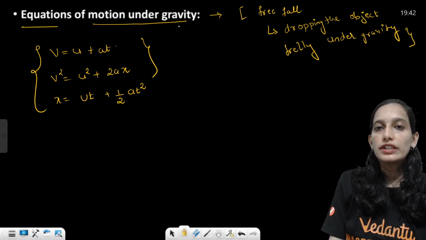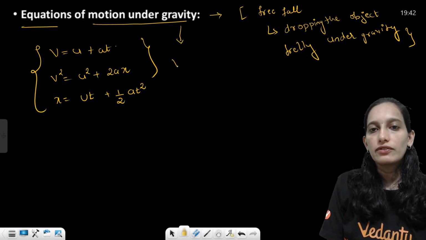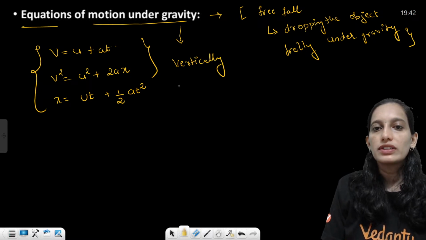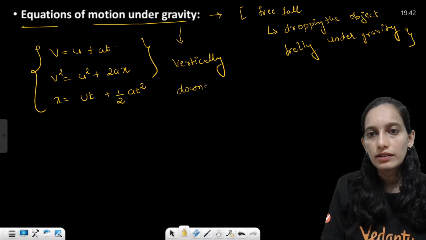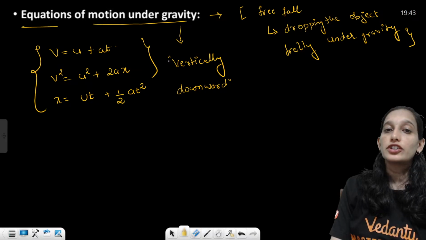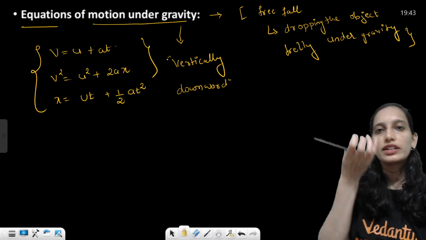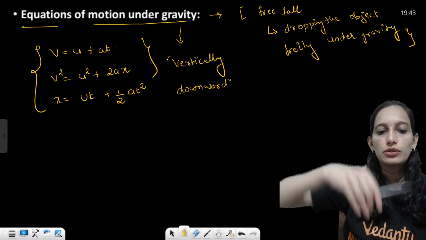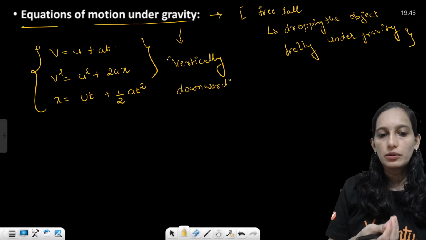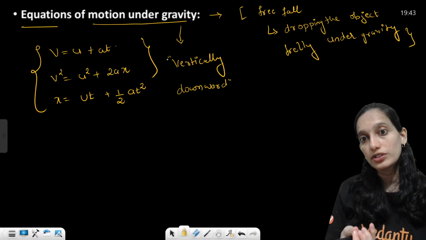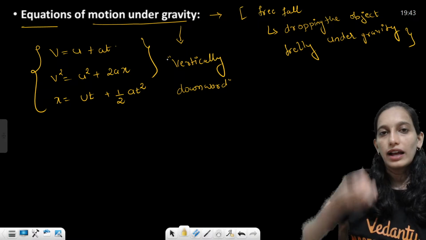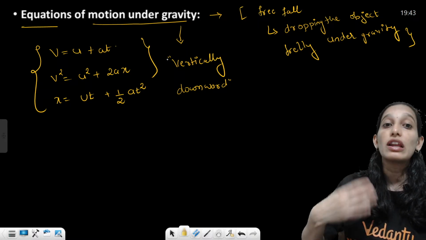Here gravity will be always acting vertically downward. Correct, acceleration due to gravity. Because of the earth's gravitational pull, if I drop anything, it will be attracted towards the earth. As the object reaches the ground, its velocity increases.